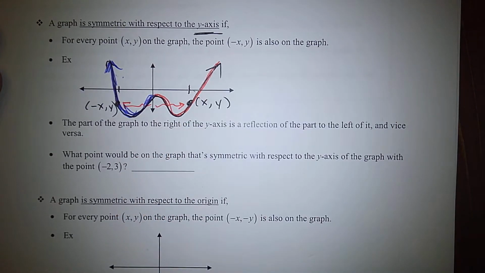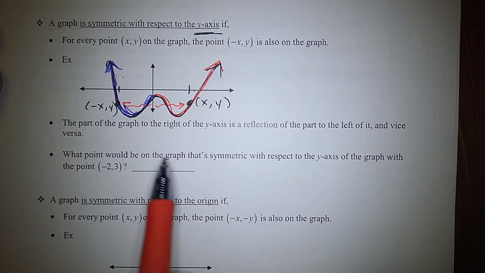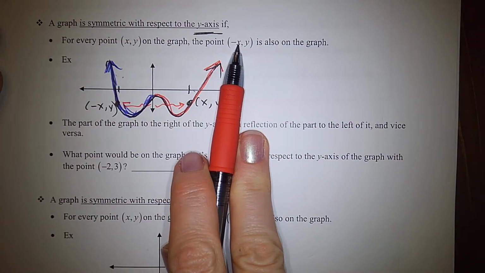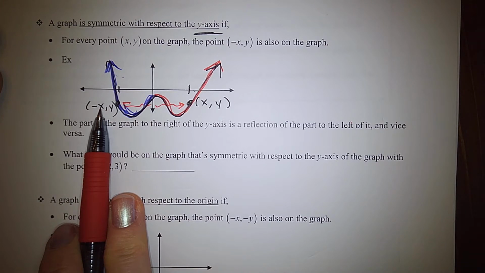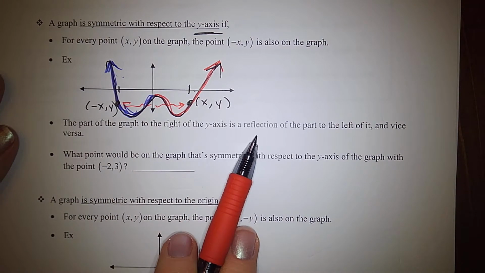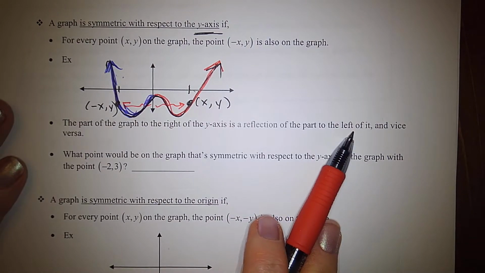And these are mirror images of each other. So for every point x, y on the graph, there will be a point negative x, y also on the graph. The part of the graph to the right of the y-axis is a reflection of everything on the left.